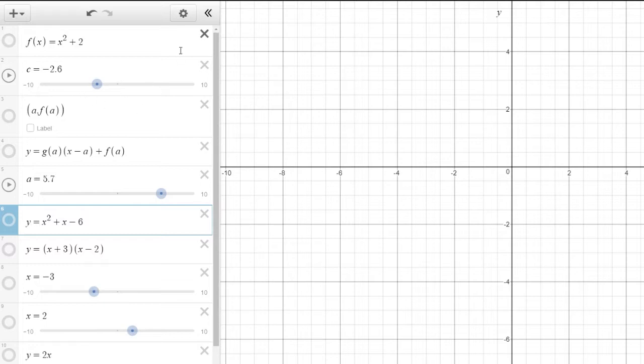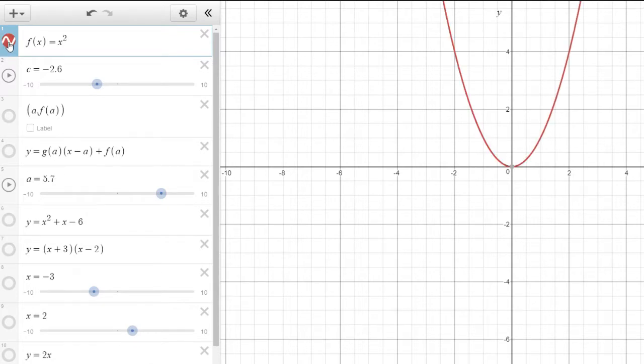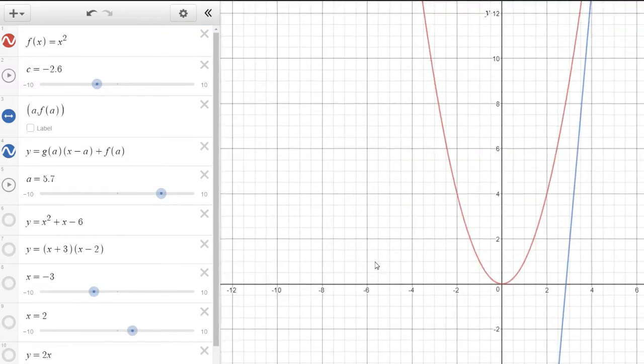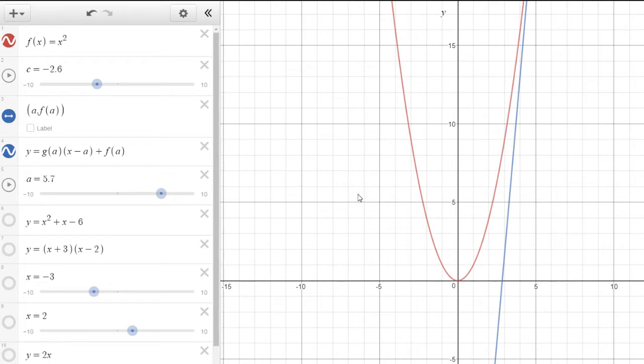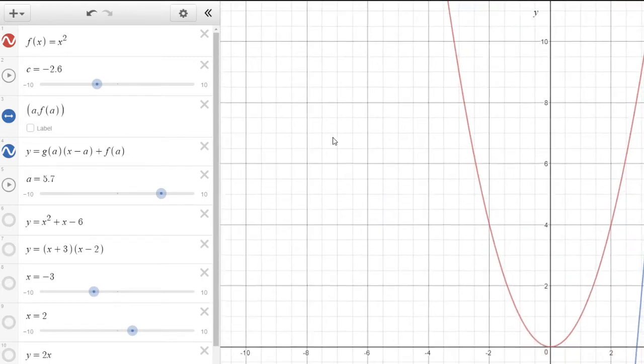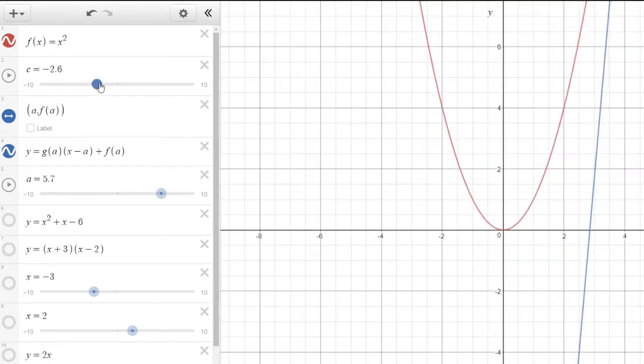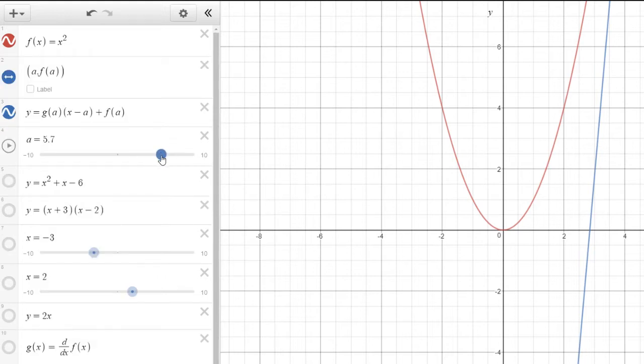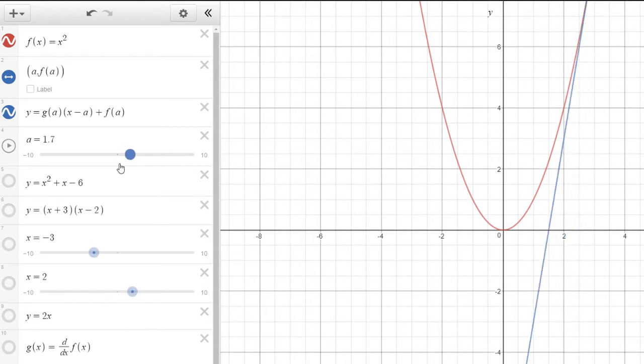Let's imagine that we first of all start off with a function y equals x squared. Now if we were to look at the gradient at each of the points on that curve, we could create this gradient graph by shifting this value down along the curve.